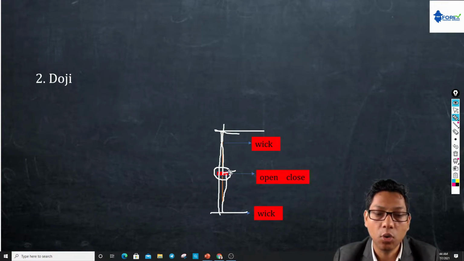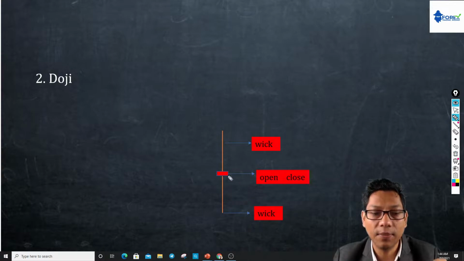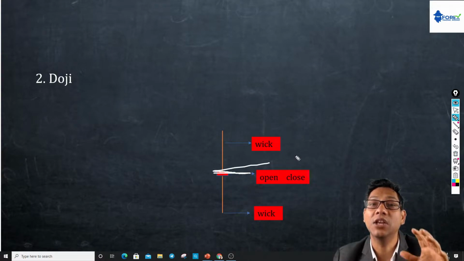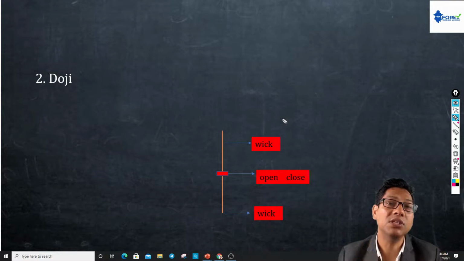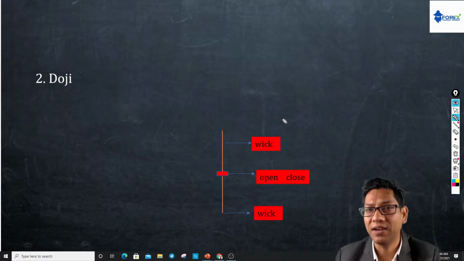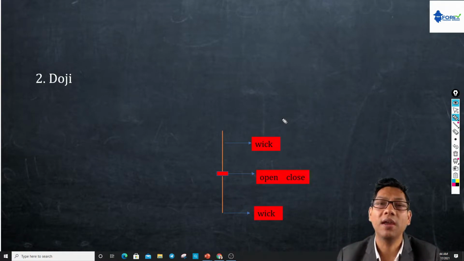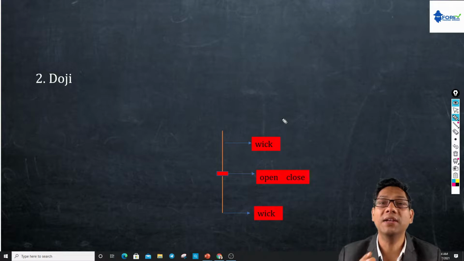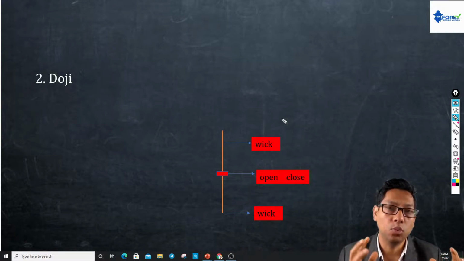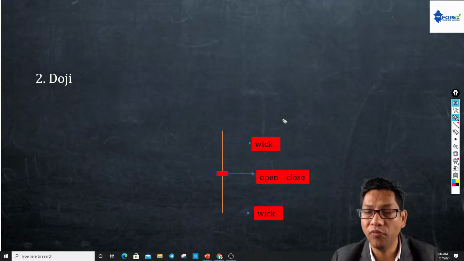The price closed here. So where the price opened is almost where it closed, and we can say it is a doji. Now, what doji means is indecision. So when you see a doji, it is better to stay away from that market until it breaks in some way, or the buyers and sellers decide which way the market will move.